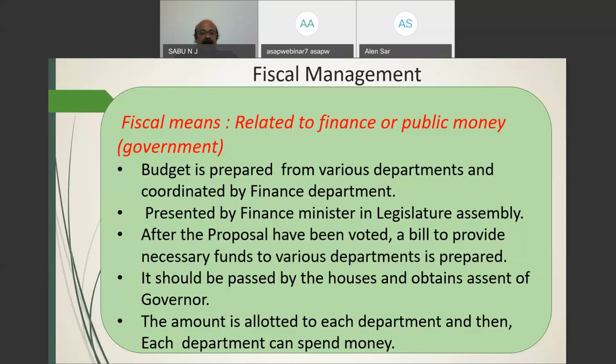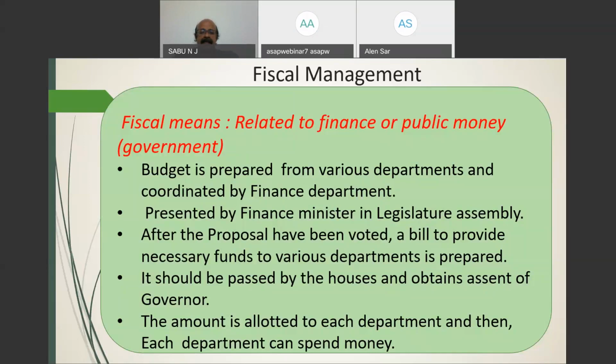That bill must be presented in the legislative assembly and passed by the houses, both houses. In the case of the central government, both houses, the Lok Sabha and Rajya Sabha, must pass it. At last, the bill must obtain the assent of the government.